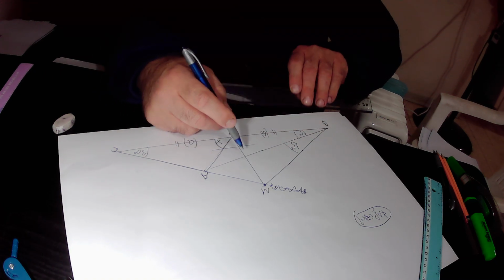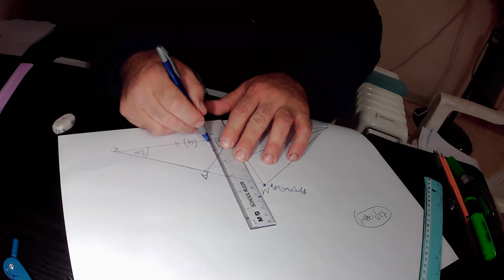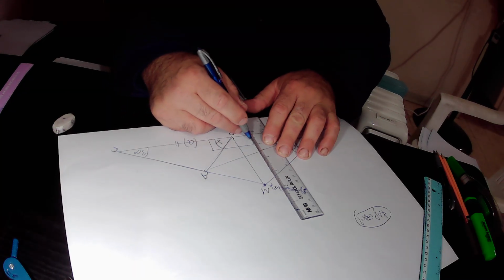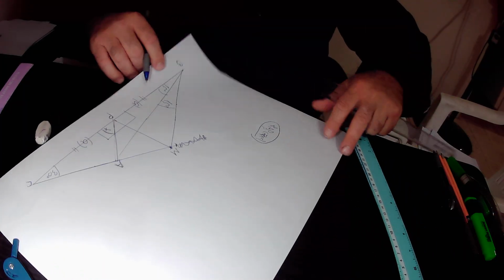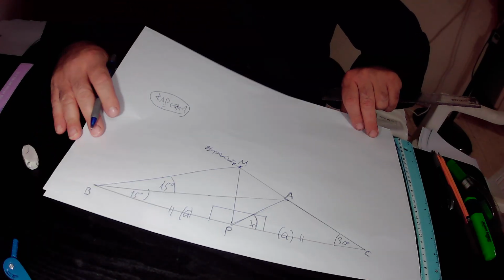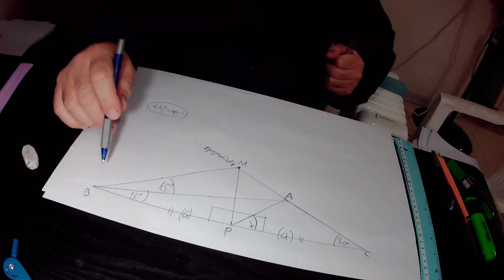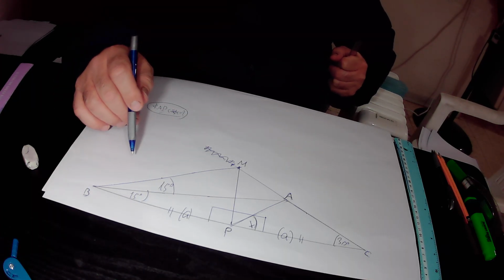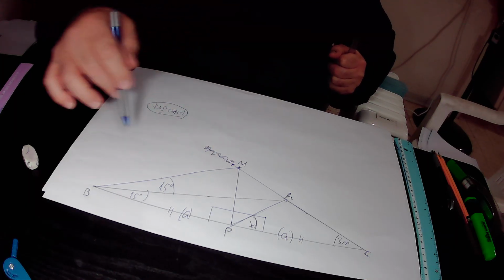So MP is perpendicular to the base BC, so this angle equals 90 degrees, and this angle also equals 90 degrees according to our construction. In the next step, we'll focus on this right triangle BMP. In this right triangle BMP, it is very easy to see that sin 30 degrees equals MP over MB.